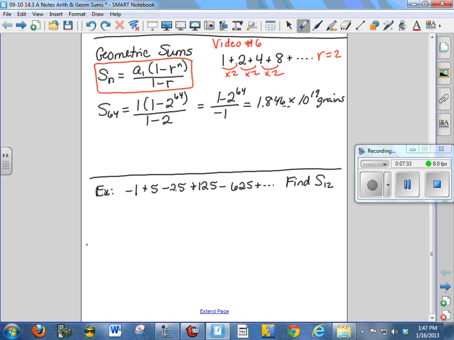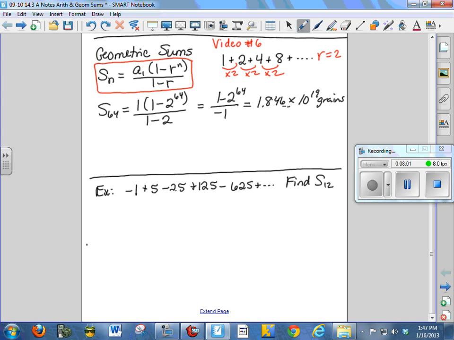And being the nerd that I am, I actually looked up to see how much grain that really is in tons. What I did was I had a bag of rice, and I figured out how many tablespoons of rice were in my bag of rice, and then I counted every grain in that tablespoon, which was a lot, and multiplied it to find how many grains were in the bag, and then a bag weighed 2 pounds, and so forth.